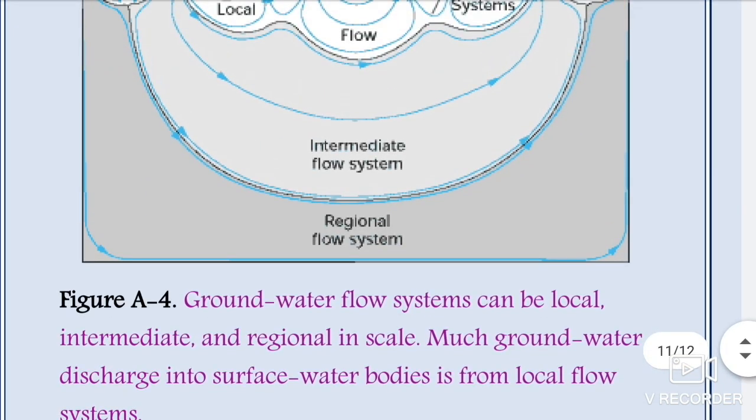Groundwater flow systems can be local, intermediate as well as regional in scale.